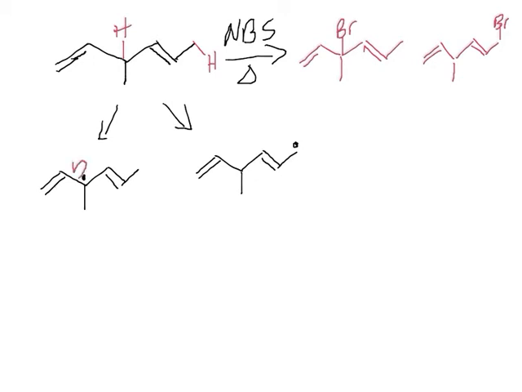Electron goes there. 1 goes there, 1 goes there. So that gets us to have a dot there. I could have also had my little dot go this way.